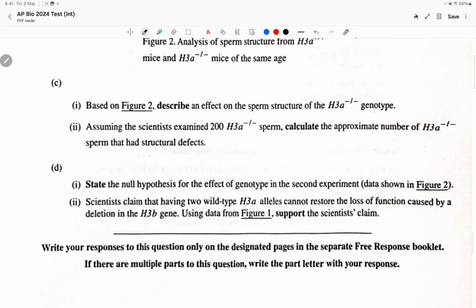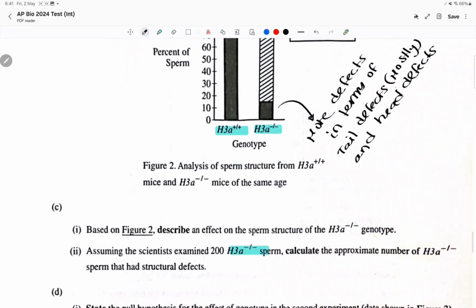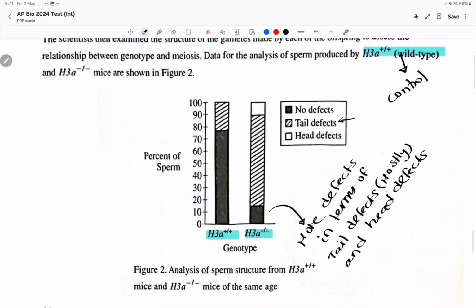CII, assuming the scientists examined 200 H3A minus minus sperm, calculate the approximate number of H3A minus minus sperm that had structural defects. Okay, so tail defect and head defect both count as structural defects. First of all, how much of the sperm had no defect?